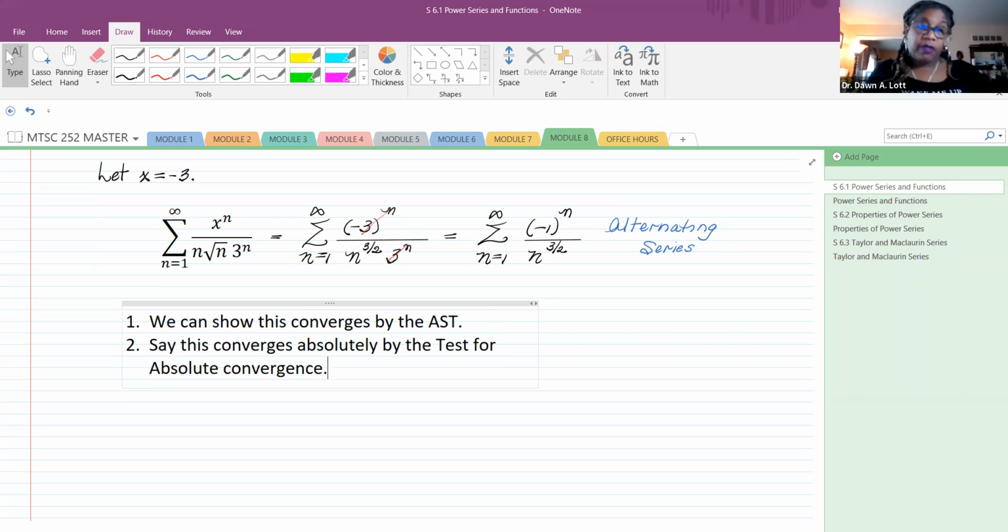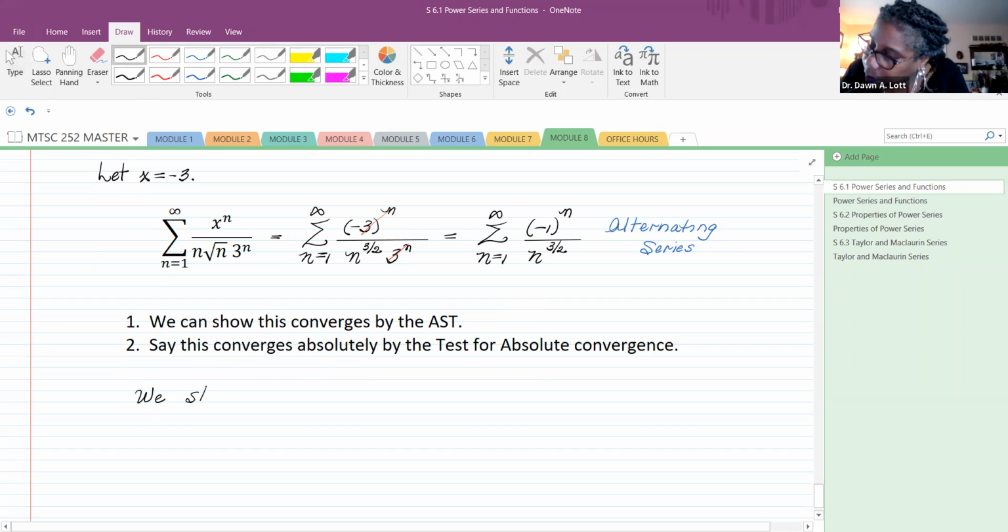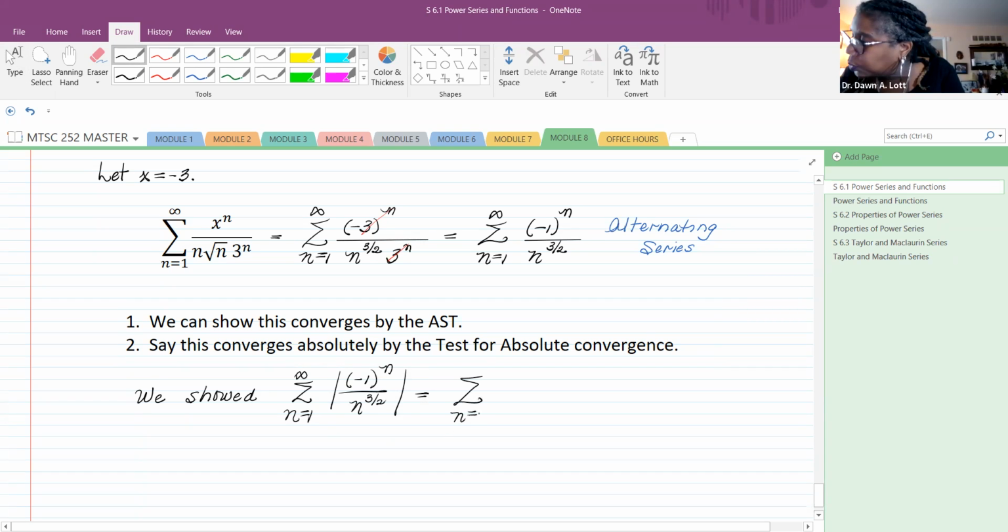And the reason why is because we already showed that the absolute value of this converges, right? So we showed that the sum n equals 1 to infinity of the absolute value of (-1) to the n over n to the 3/2 is equal to the sum n equals 1 to infinity of 1 over n to the 3/2, which converges. We showed that.